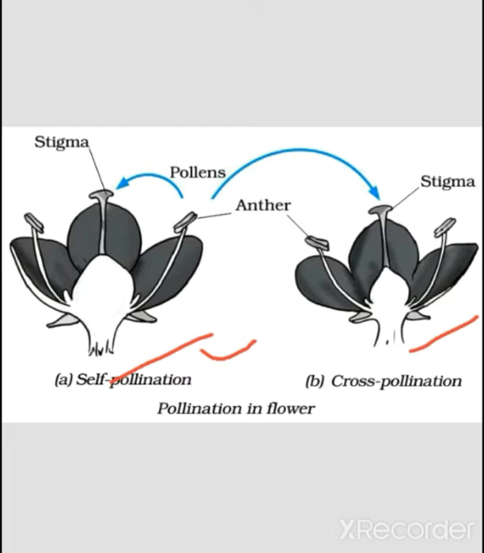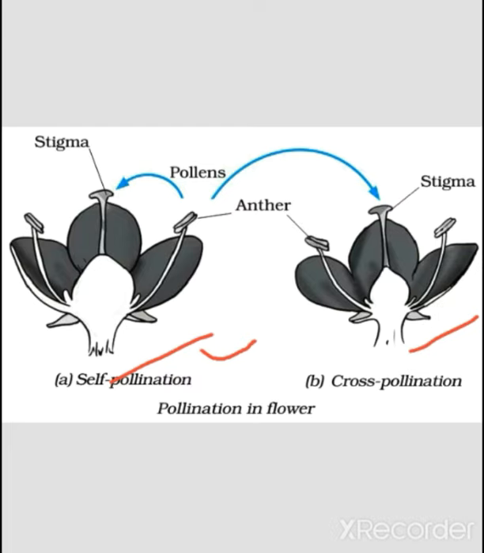So I would like to tell you what is autogamy and what is geitonogamy. What do you understand from the word autogamy? Auto means self and gamy means fusion. So autogamy means self fusion.